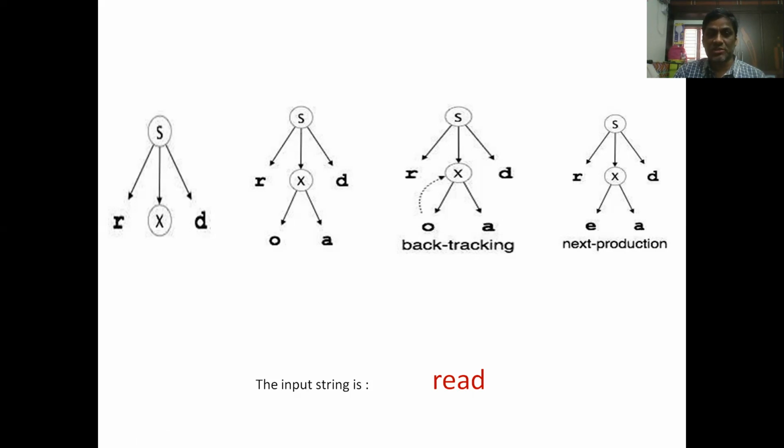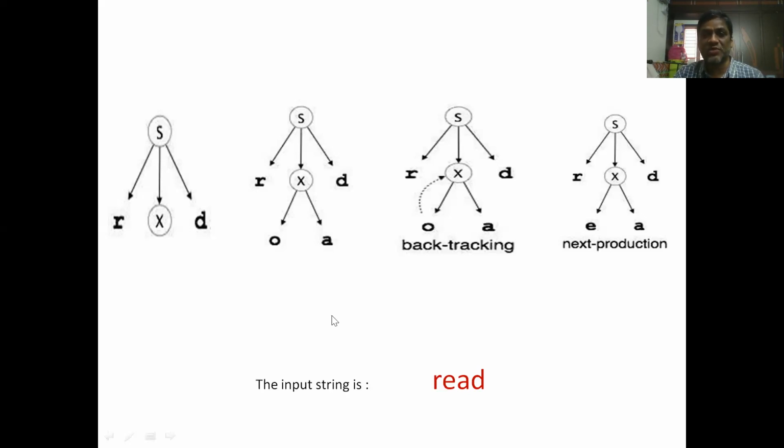And because of this backtracking, and because of the lack of knowledge for the backtracking parser to identify which production needs to be selected for generating the string faster, that knowledge is not utilized or is not possible in a backtracking parser.